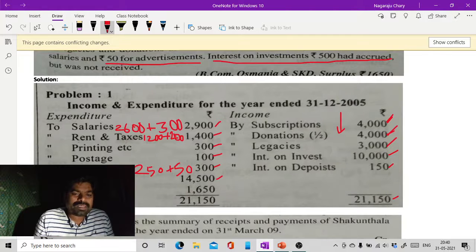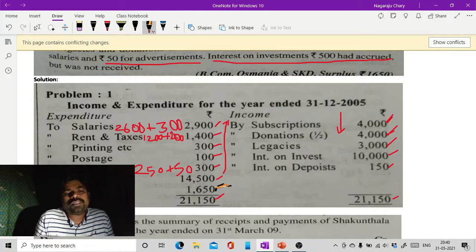The same is recorded on the debit side also. From this amount, all the remaining items are to be deducted. Then we get this one.